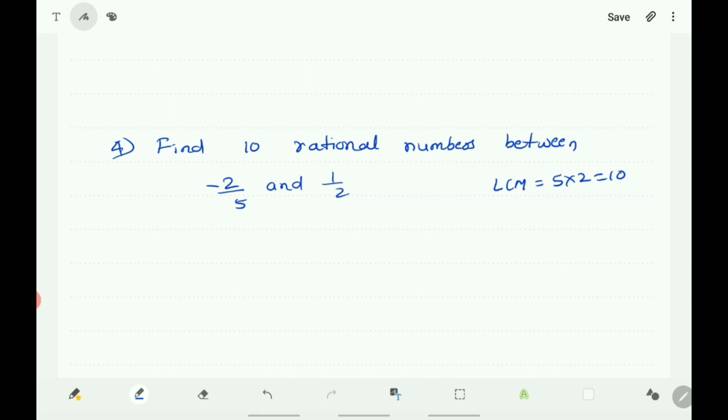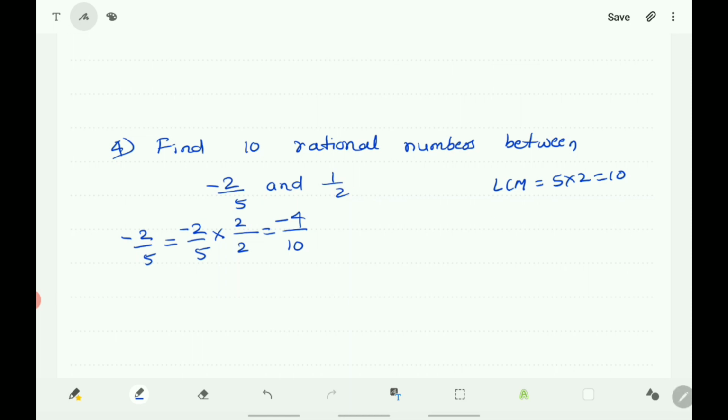Then you consider the first one, minus 2 by 5. To have the denominator 10, you must multiply it by 2. That becomes minus 4 by 10. So minus 2 by 5 is converted to minus 4 by 10, which is the equivalent fraction of minus 2 by 5.